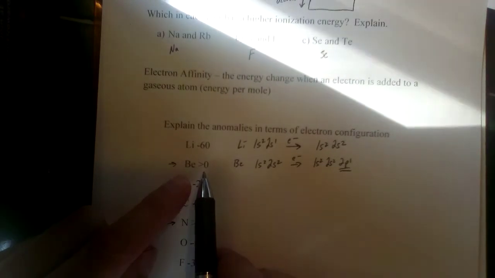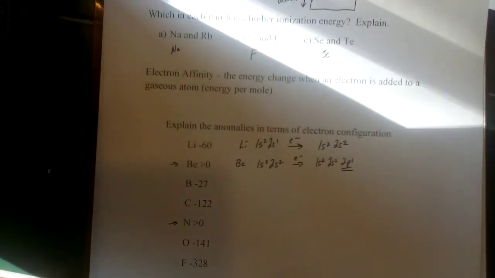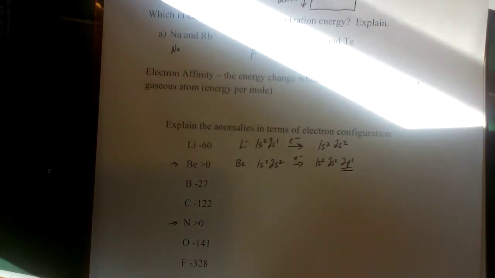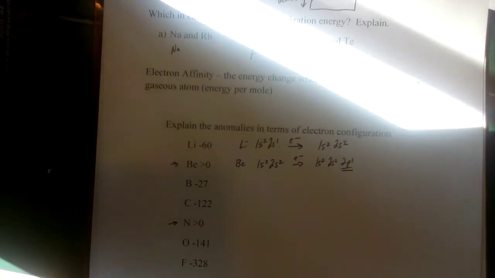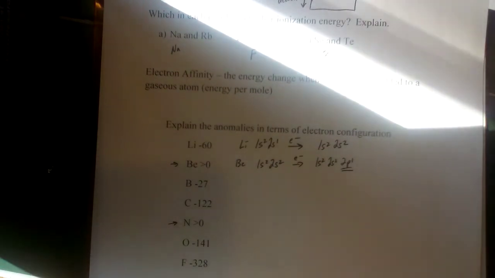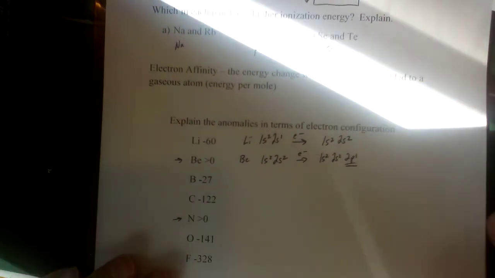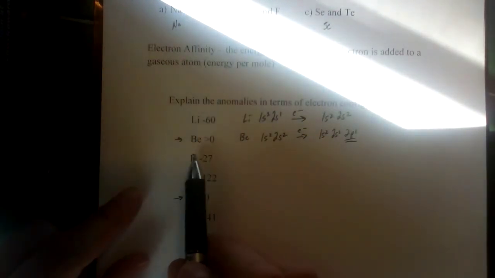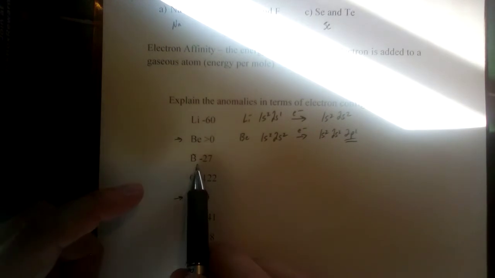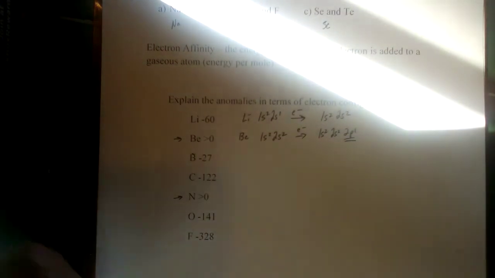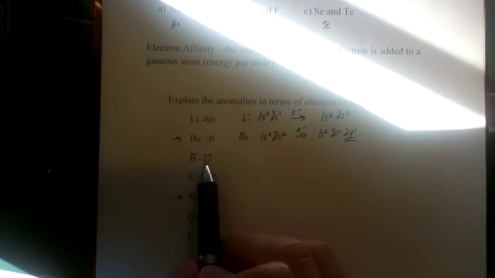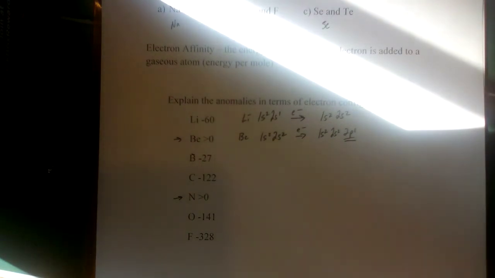It's going to cost us energy to force an electron into the 2p sublevel because that electron is not pulled in as strongly by the nucleus, because it's in a higher energy sublevel. It's more shielded from the pull of the nucleus than, say, the electron we added to lithium or the electron we add to boron. Once we get to boron, there's already one electron in the 2p. The electron we're adding is still going into the 2p. And that may explain why this is a lower value than 60, but it's still negative because it's still pulling that electron in.